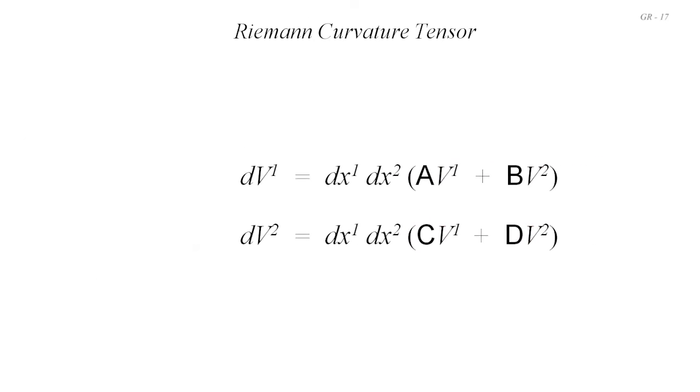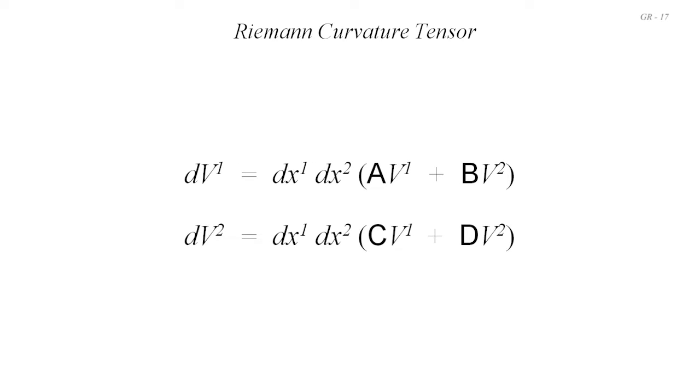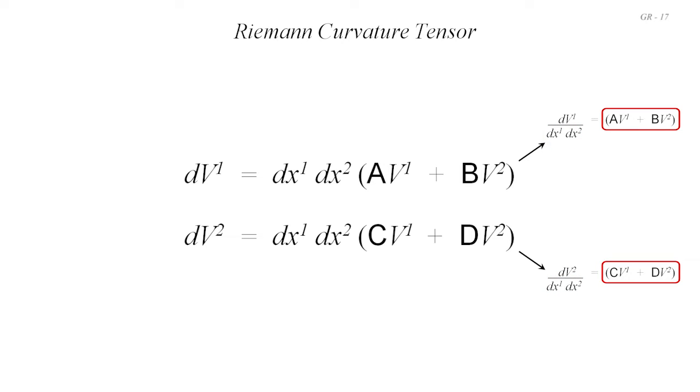Now at this stage we could imagine dividing both these equations by dx1 dx2 and letting that small area tend to 0, which would mean that these expressions would be some kind of measure of the instantaneous changes in the contravariant components of the vector v at that point.